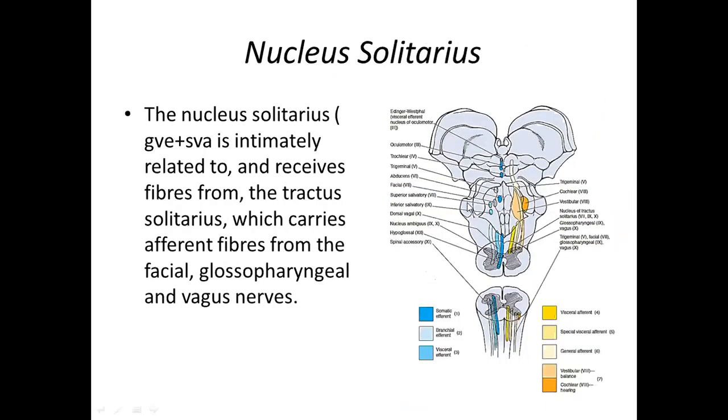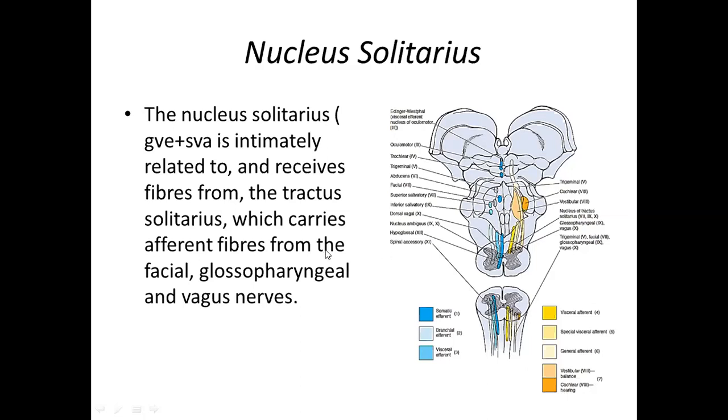Then is the nucleus tractus solitarius. It belongs to general visceral efferent and special visceral afferent. Why? Because it is carrying the taste sensation from the tongue. So that is why special visceral afferent. It receives afferent fibers from the facial nerve, the glossopharyngeal, and the vagus nerve.